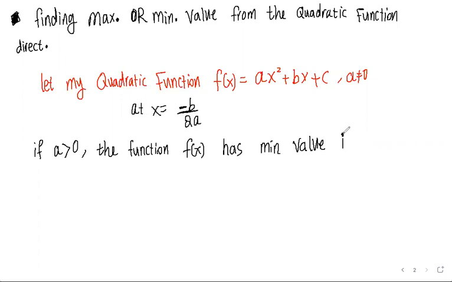And the value of the minimum is f of minus b over 2a.